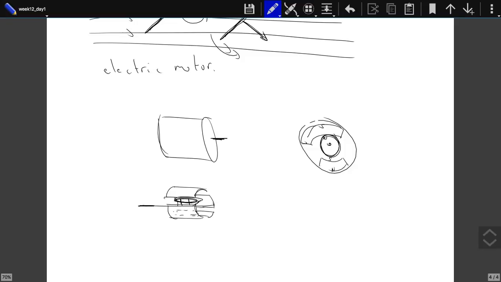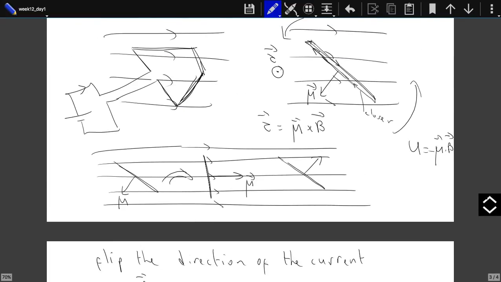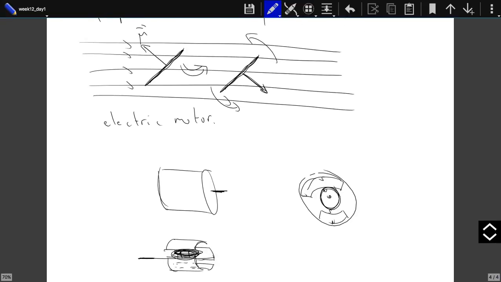You will see loops of wires running around them. So this is your wire that we have been discussing over here, but to create a large magnetic dipole moment, you basically have many turns. Each turn will contribute the same amount, so the total magnetic dipole moment will be I times A times the number of turns. So the more turns you have, the larger magnetic dipole moment you get, and hence the larger torque, etc.